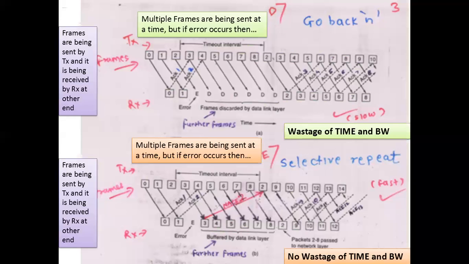There are two types: FEC, forward error correction, and ARQ. As I told you, FEC we have seen in the first four units of our syllabus. FEC deals with one to all communication, that is broadcasting, such as digital broadcast. There the FEC error detection and correction technique is used.